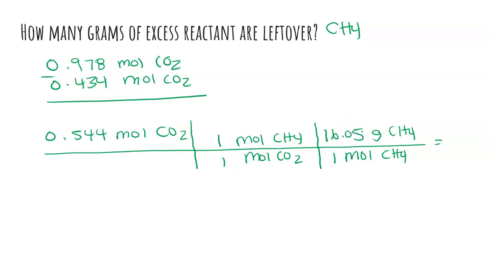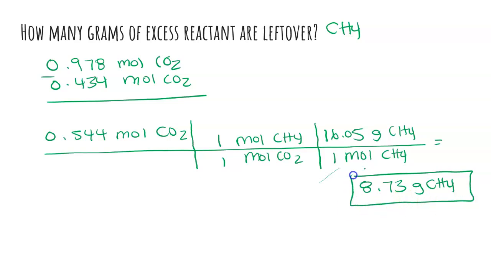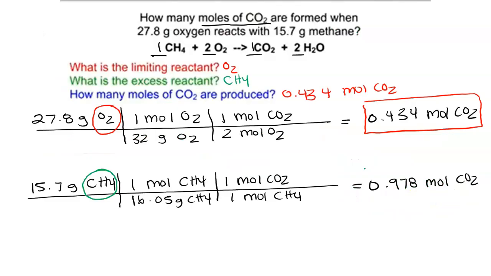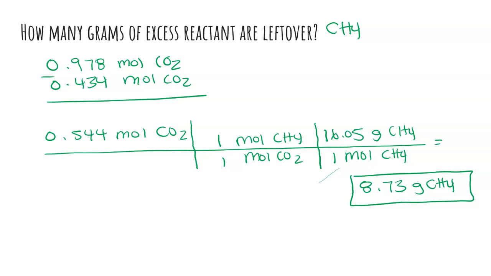So 0.544 times that 16.05. I'll round to 3 sig figs for 8.73 grams of CH4. So once the methane and oxygen reacted, there's 8.73 grams of the CH4 that was left over.